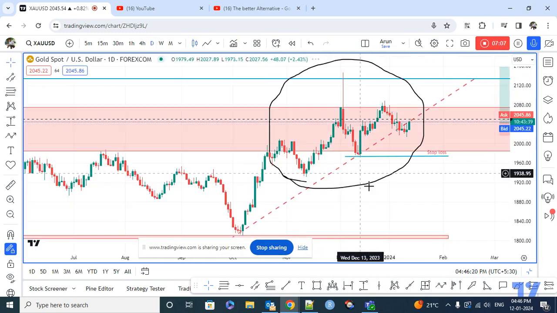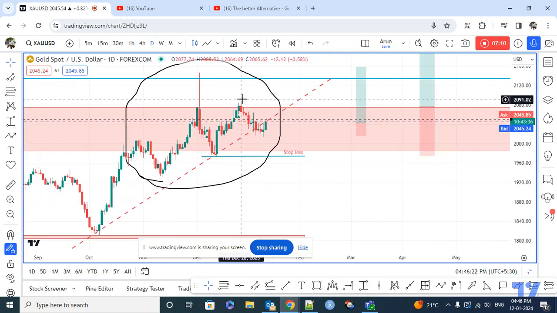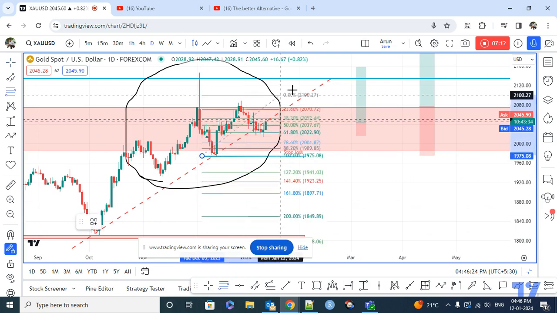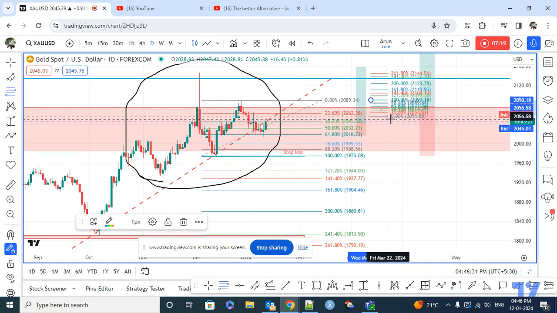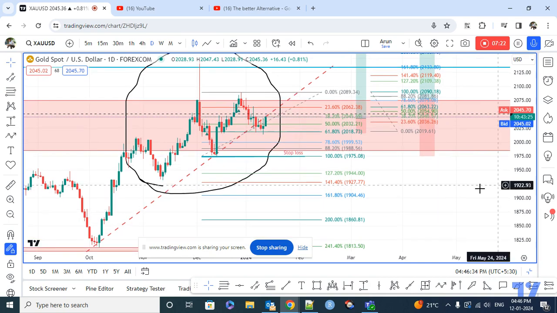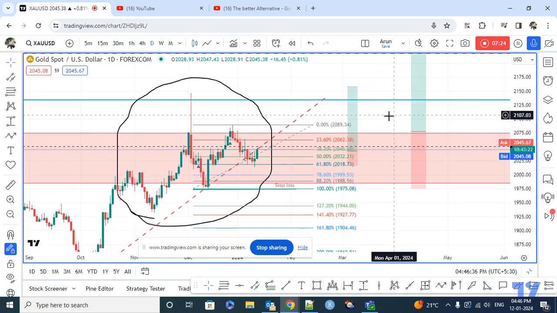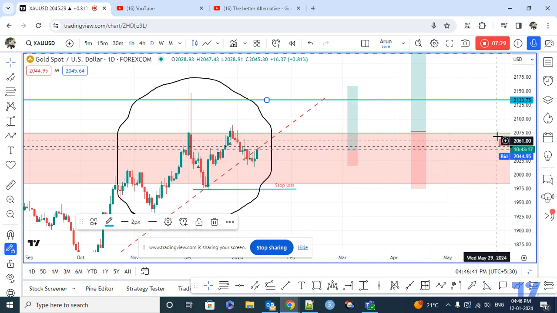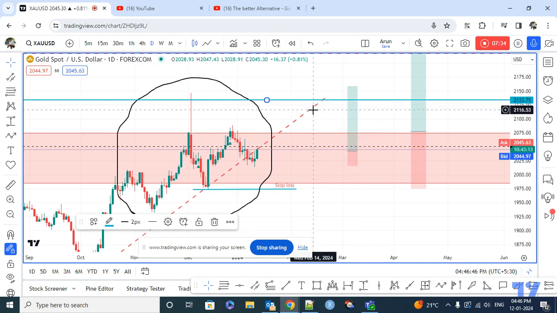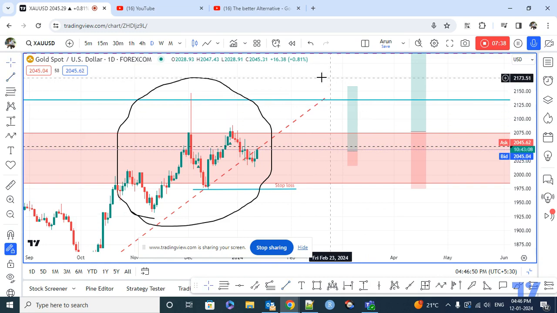Since the trend has changed now, considering this as a swing, with a higher high and higher low, from here it has retraced to a 61% correction, and the target would be this one, 2133.75. So this is the expected target right now. More or less, we can expect the market to move till here based on the trends.